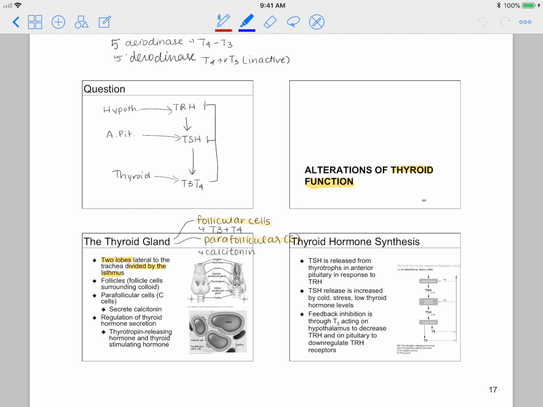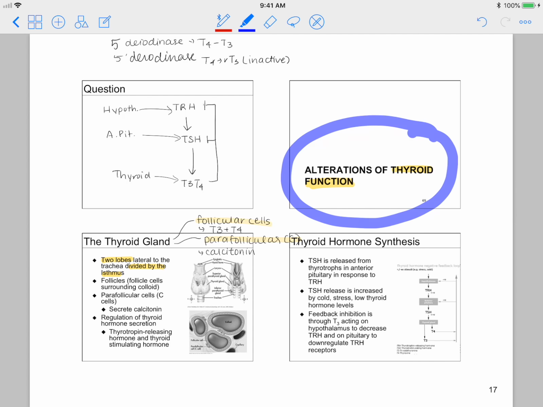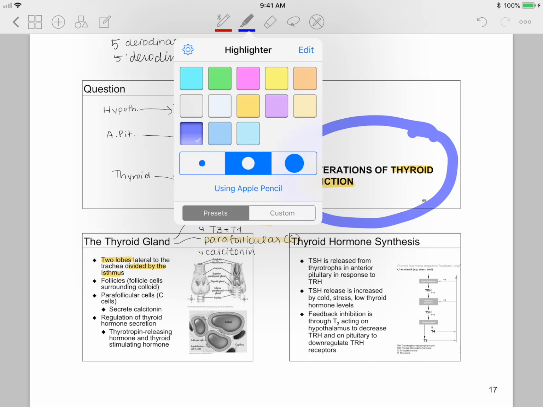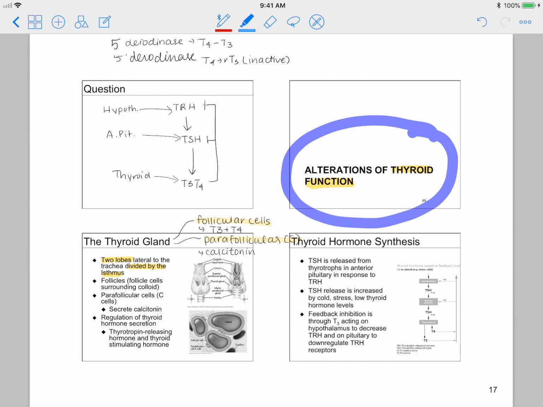I will be reviewing alterations of thyroid function. So right off the bat, I know that this is going to be the title of my review notes. And I'm going to circle that in dark blue. Next, I need to start organizing the rest of the PowerPoint slides. The first main category I see here is an overview of the anatomy and physiology of the thyroid gland itself.